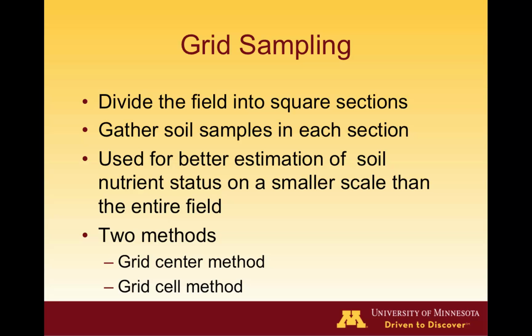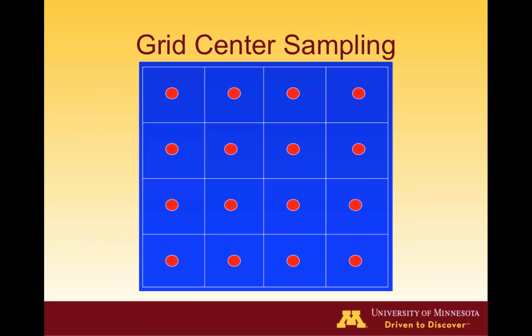There are two methods for grid sampling: the grid center method and the grid cell method. This is the grid center method, where you collect the samples in the center of each grid, or maybe in the crossings of the grids.